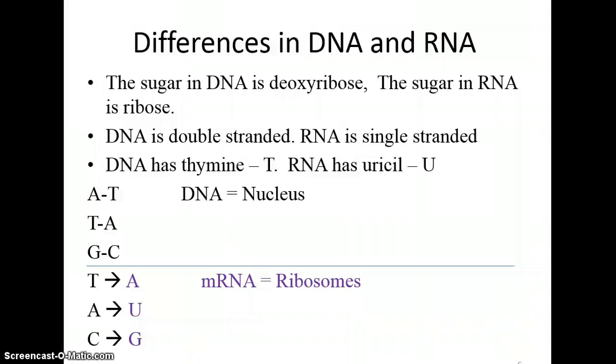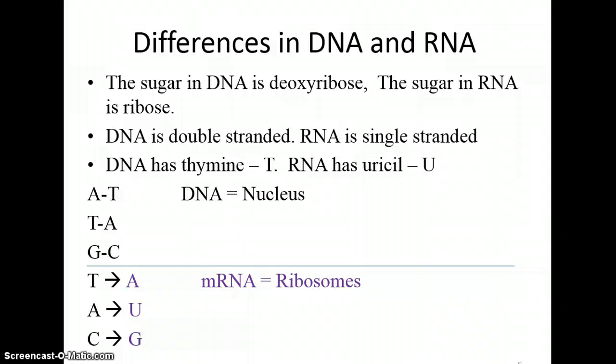So here we have some DNA, A to T, T to A, G to C. DNA cannot read the code, so it has to give the code to the messenger RNA. So I take TAC, and the T is going to make an A, and you know that happens.